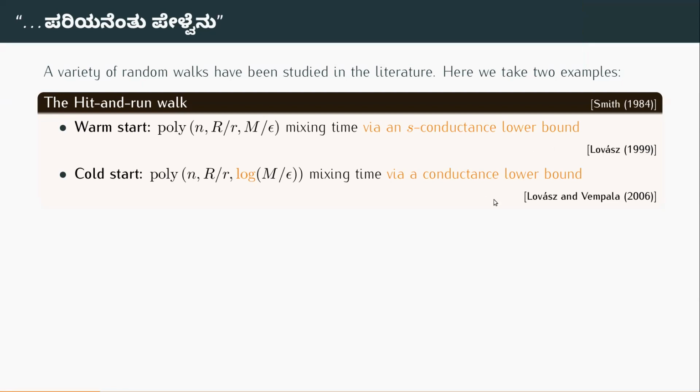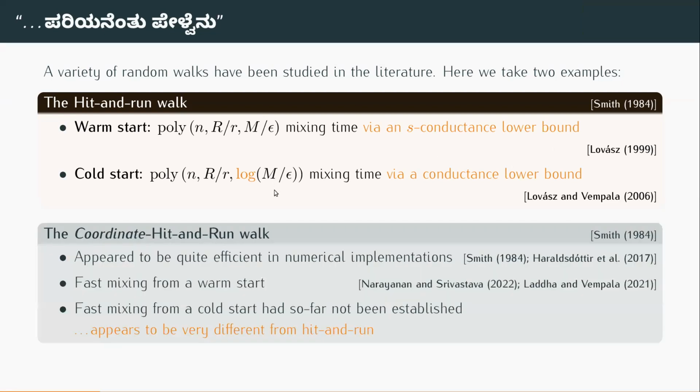And the later one improved the dependence to polylog in M. I'm not worrying about the degree of n here. Of course, these proofs actually say what the degree is also. These are not existential proofs, they actually give the number. But for this talk, I'm not worrying about that.